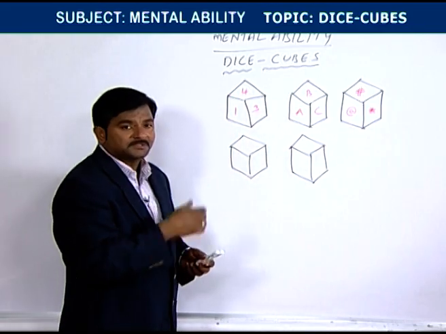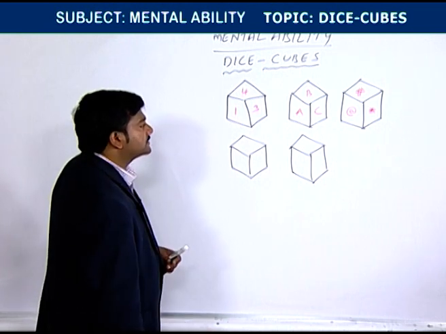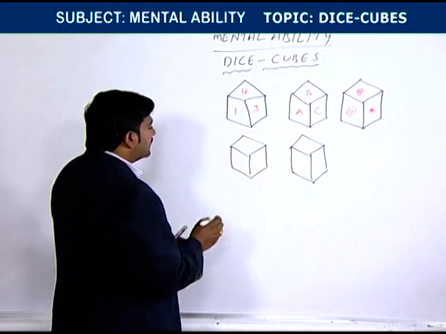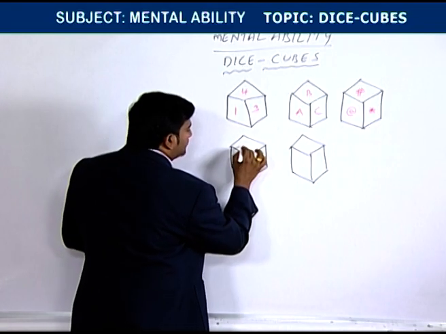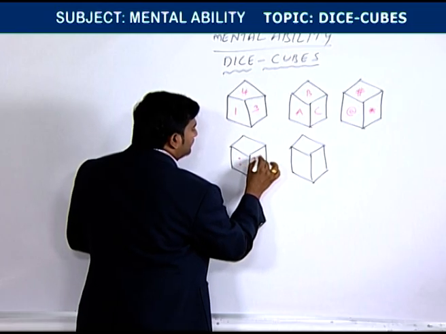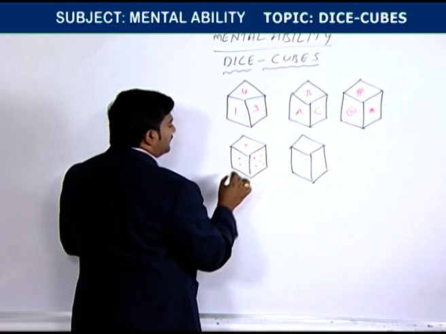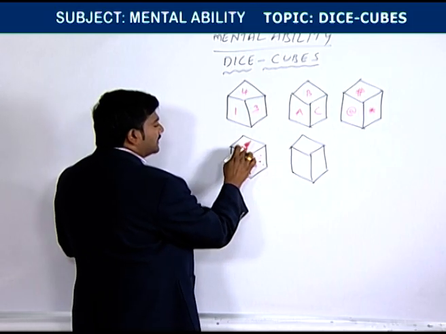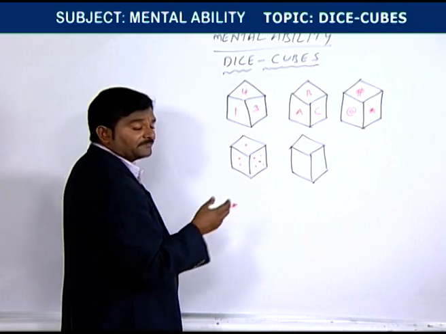@, hash, star, less than, greater than, and so on are different symbols. Dollar symbol, you know already. And sometimes with dots also we may assign. Here 1 dot means number 1, 2 dots means number 2, 5 dots means number 5, and so on.